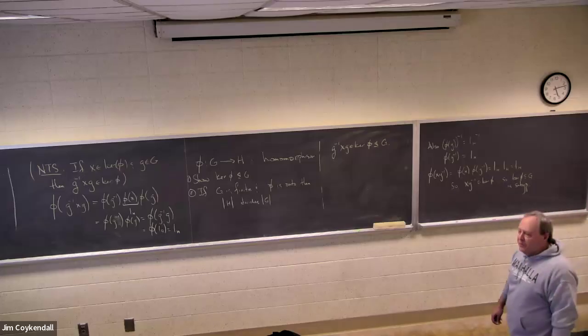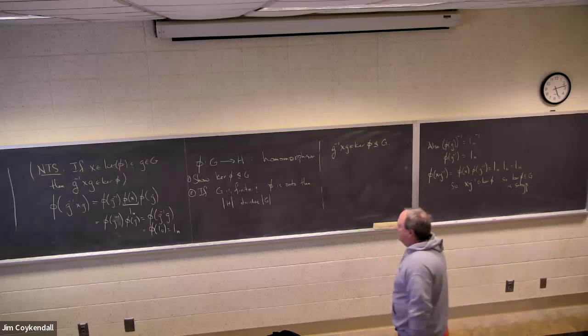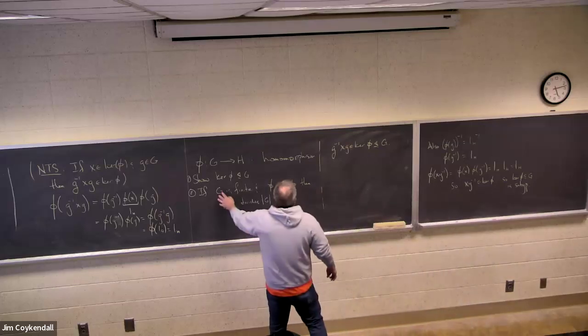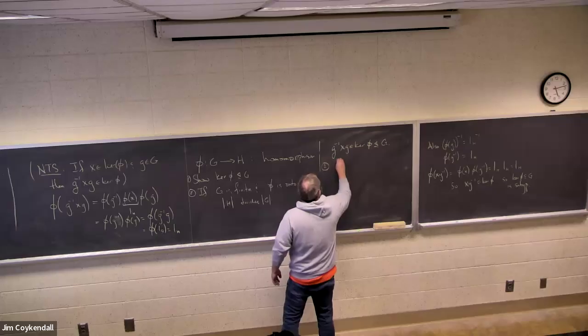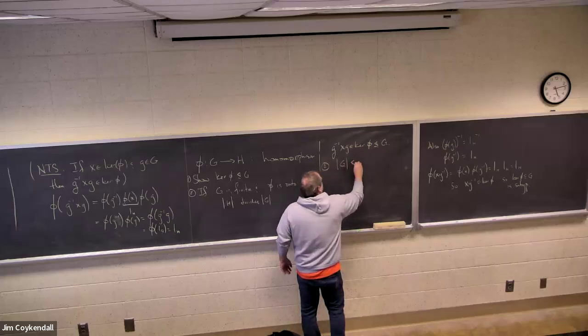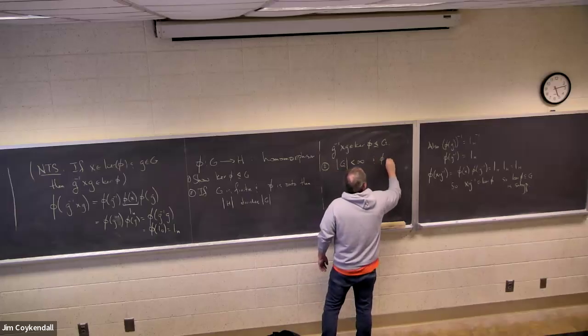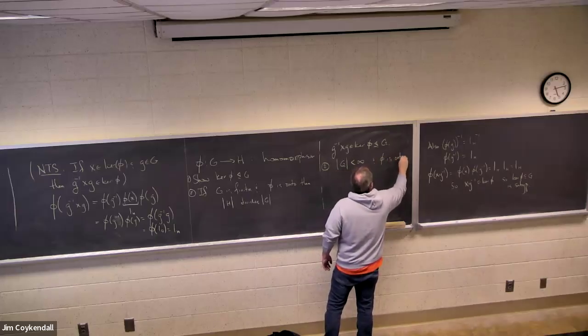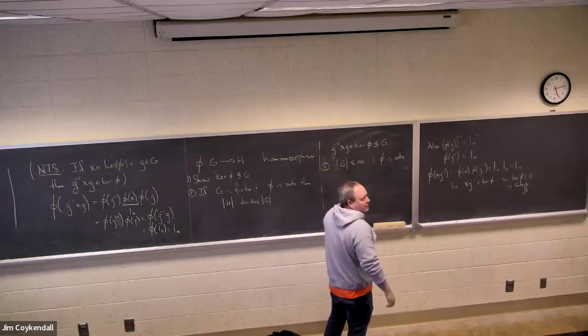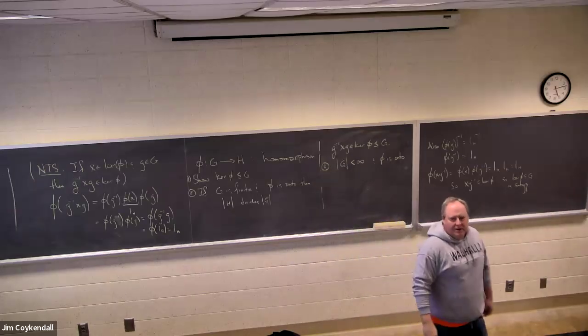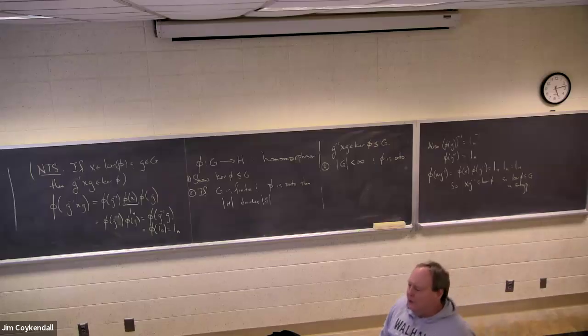Okay, how about number two? So now we get to tumble a bunch of assumptions on it. Two, G is finite and phi is onto. You need to show that the order of H divides the order of G. Well, okay. One thing that I can say for sure is the order of H is also finite. Somebody tell me why?